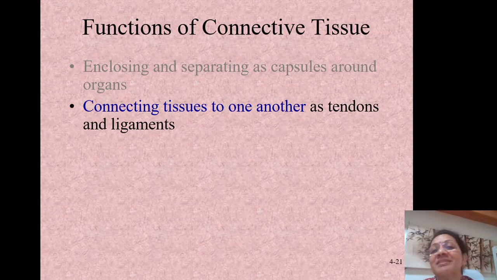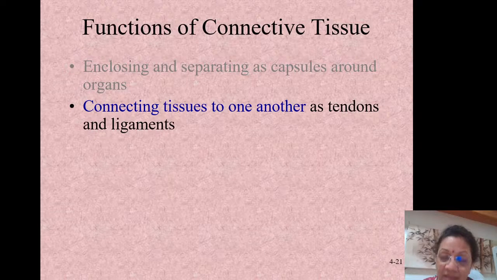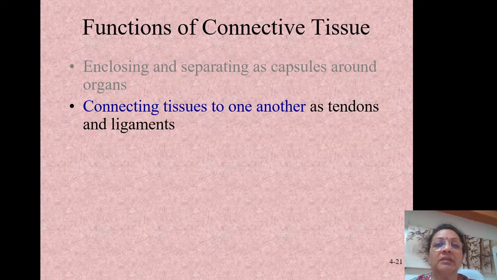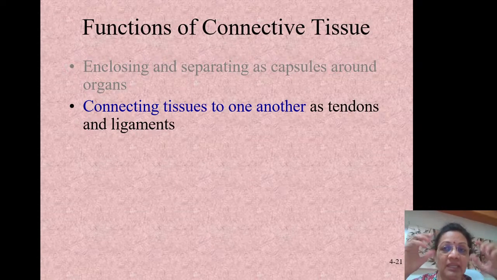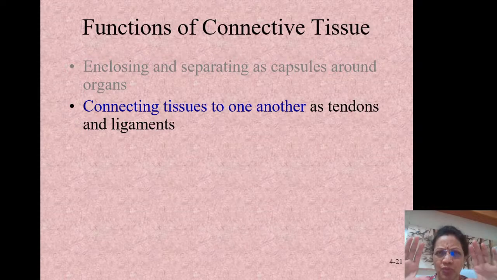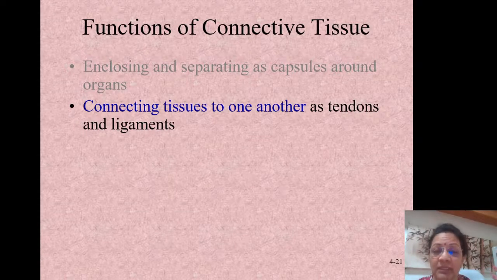The name itself is connective tissue, and they connect A to B. Especially when they are modified in the form of tendons and ligaments, the connective tissue is organized differently. We already said it's diverse and a lot more variable, but in some areas it's not at all variable.